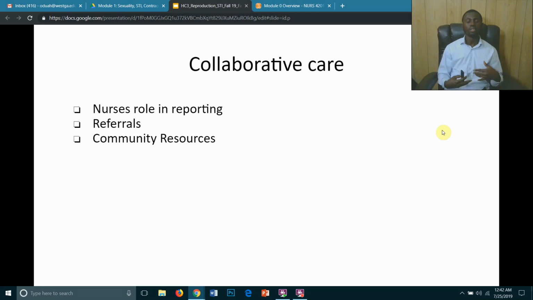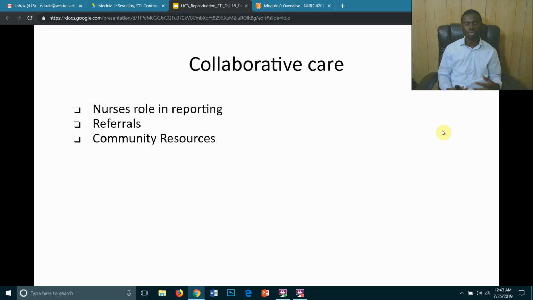And then we come to the collaborative aspect of caring for a client with STI. Note that some of these conditions are reportable, such as your chlamydia, gonorrhea, syphilis. You have to report to your local health agency, and this can be your local health department, or in some cases the CDC.